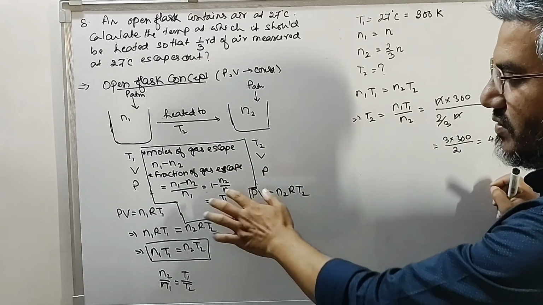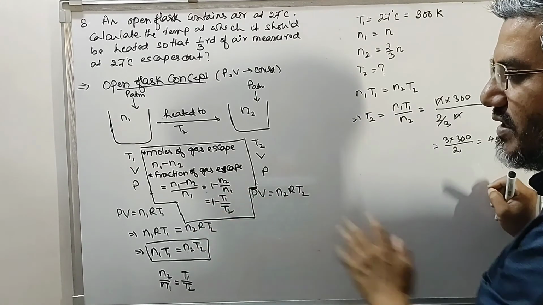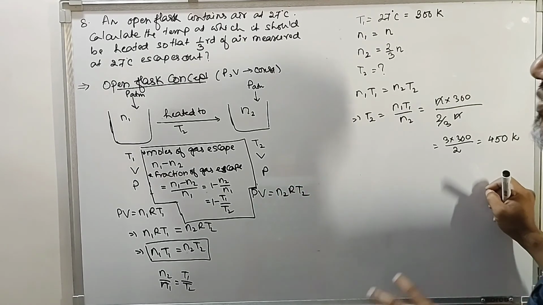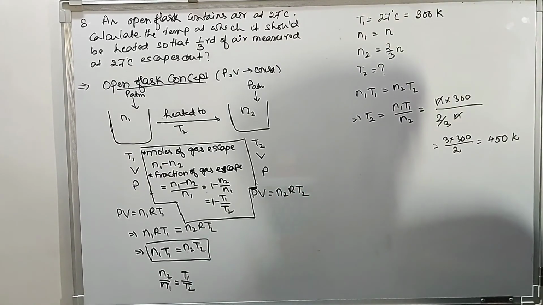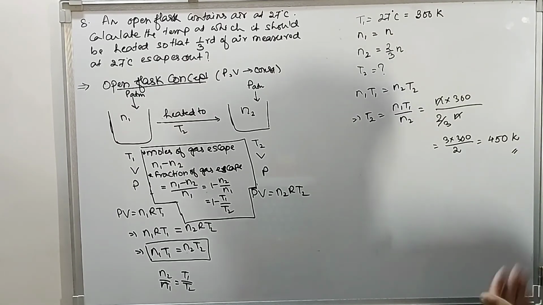The fraction of gas that escaped is 1 minus N2 by N1, which equals 1 minus T1 by T2. So this is the open flask concept. In these few examples, I have covered various concepts that we have to use for finding various parameters based on the conditions given. So this is all about the use of the ideal gas equation.